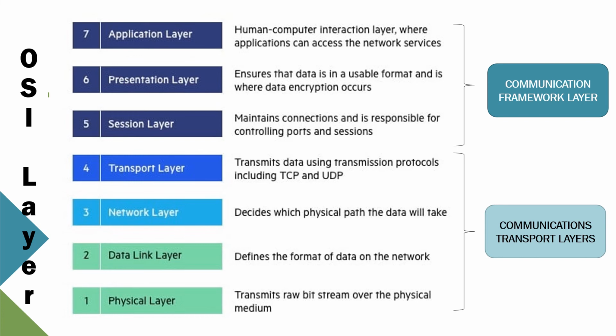It starts with the physical layer, then goes to the data link layer, the network layer, and then the transport layer. These four layers are under the communication transport layer, and the other layers are the session layer, presentation layer, and application layer. This is for the communication framework layer. We will see the description one by one, from the physical layer to the application layer.